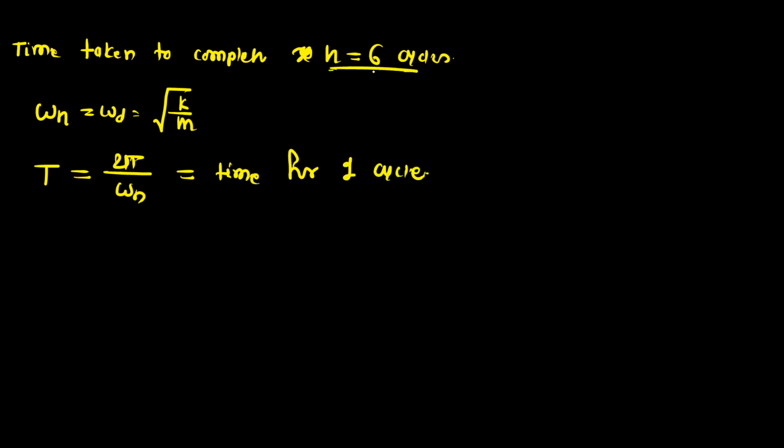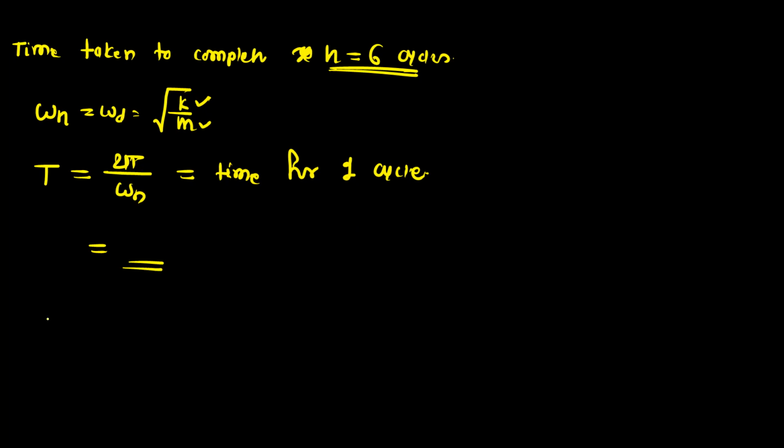We want the time for 6 cycles before stopping. So find out this time, put the value of k, and mass is 50 kg. K is given 500. So calculate this time.